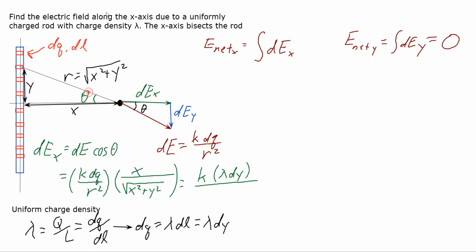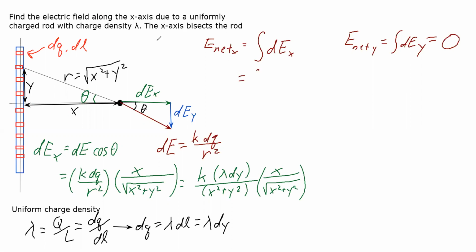So we're looking at this distance, which is our hypotenuse. So my r is going to be x squared plus y squared. And then I have my cosine ratio here, x, my adjacent over hypotenuse. Okay, so that gives me dEx.